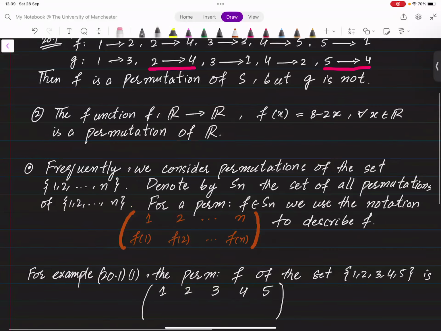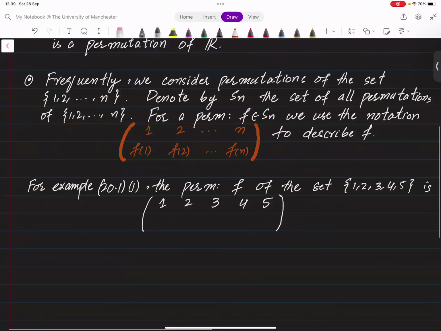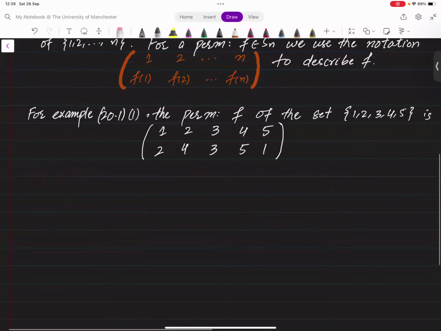Remember, 1 goes to 2, 2 goes to 4, 3 goes to 3, 4 goes to 5, and 5 goes to 1. This is how we use this notation.